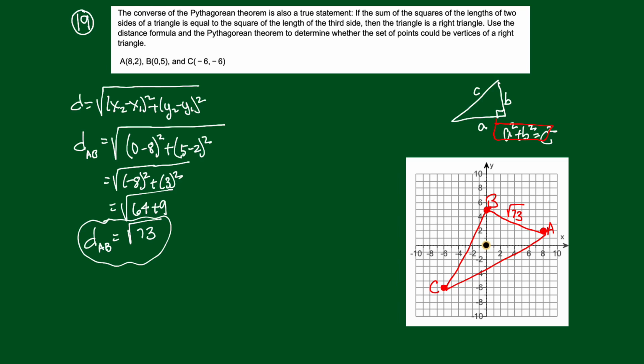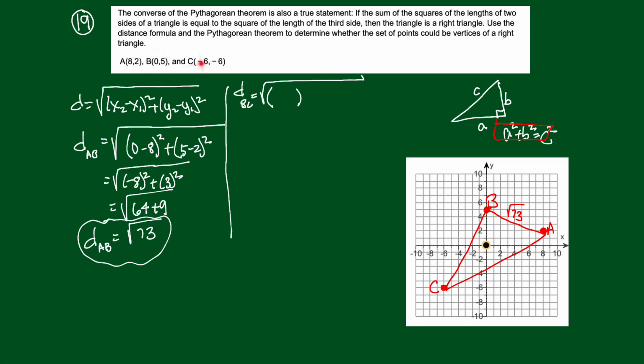All right, so the distance now between B and C. Okay, here's our formula that we're going to use right here. So this is going to be the second x minus the first x. And B and C, the second x is negative 6. The first x is 0.